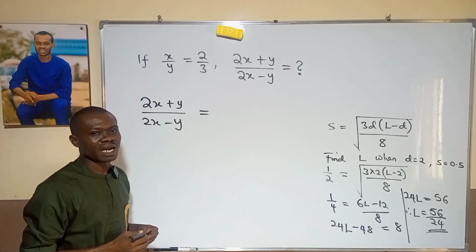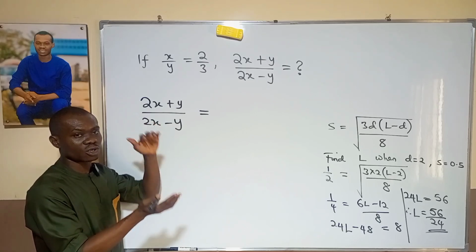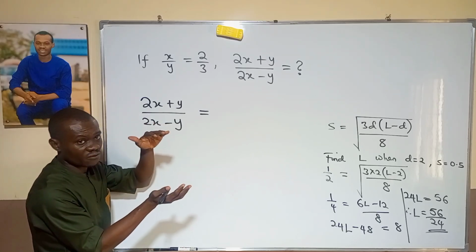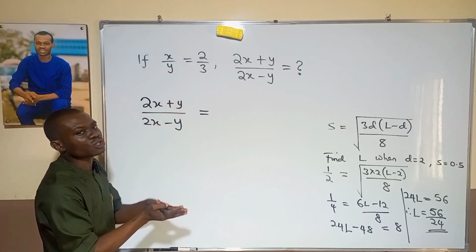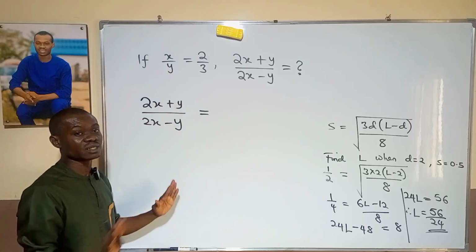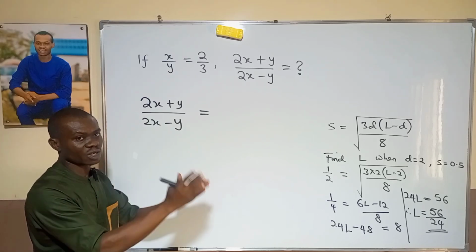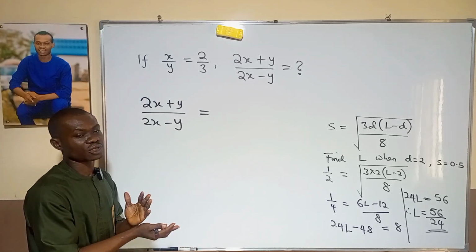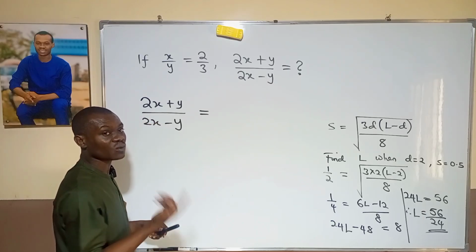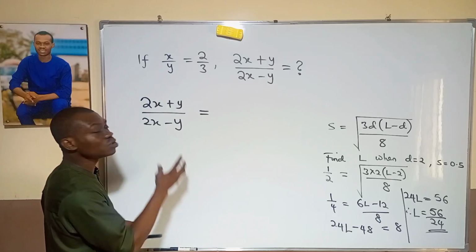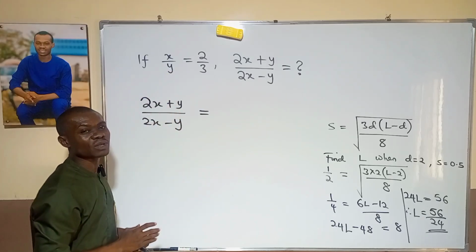I am told in maths, as I discussed in the video on algebraic fractions, that when you have a fraction, whatever you do to the numerator, if you do it to the denominator, you have not changed that fraction. The fraction remains the same, because that's what you must make sure you achieve at each point when you're solving. Don't change the question you are given. So now I am going to do something that will help me get what I want. I'm going to divide the numerator by y and also divide the denominator by y.